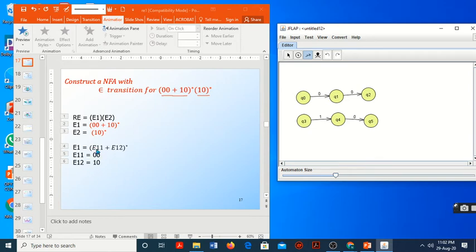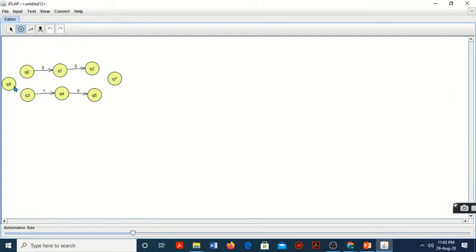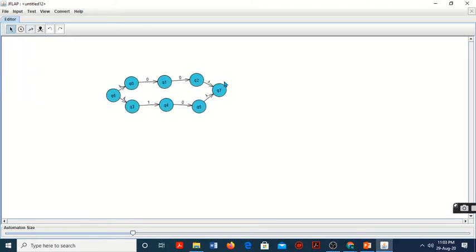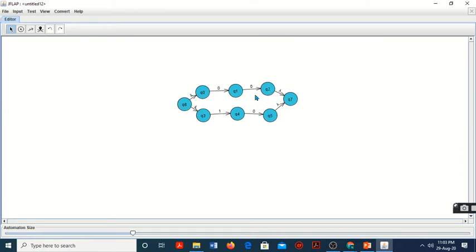So when we have to represent the path of union, as per Thompson's construction, we have to introduce a predecessor and successor in such a way that we can either go through this 00 and reach the successor state, or we can go through this 10 and reach the successor state. So this is how 00 or 10 is represented.